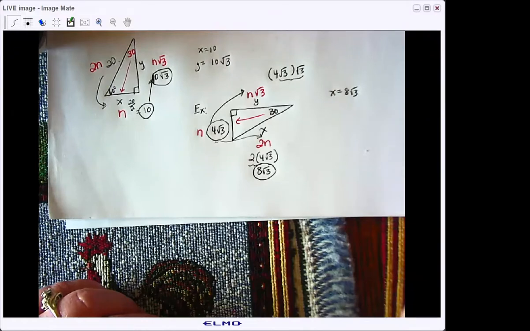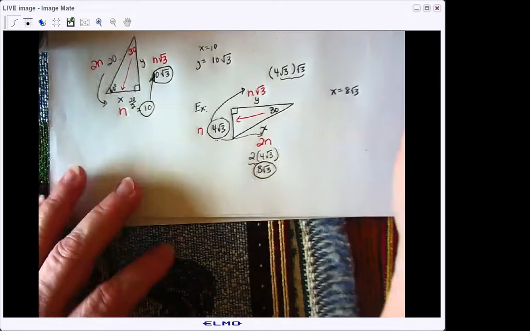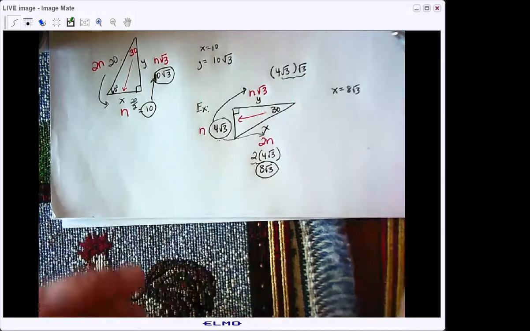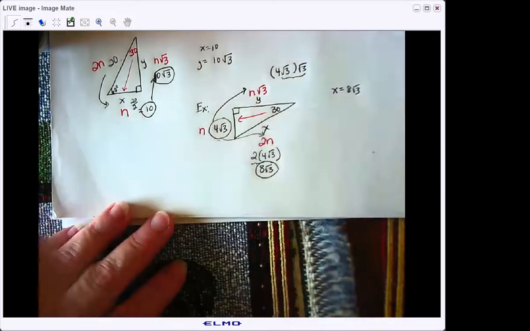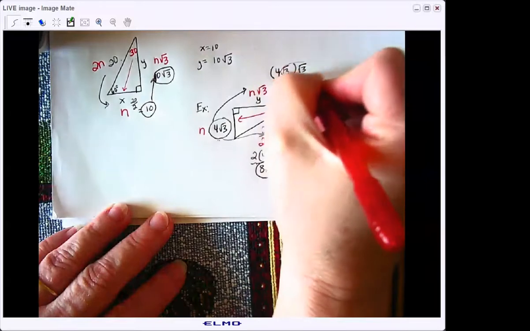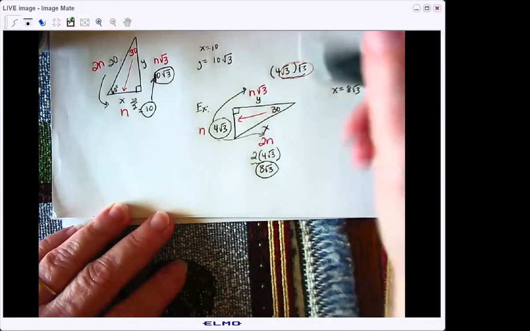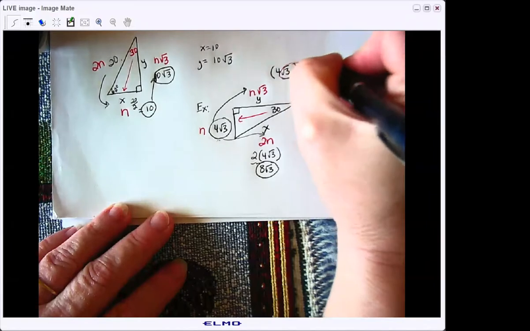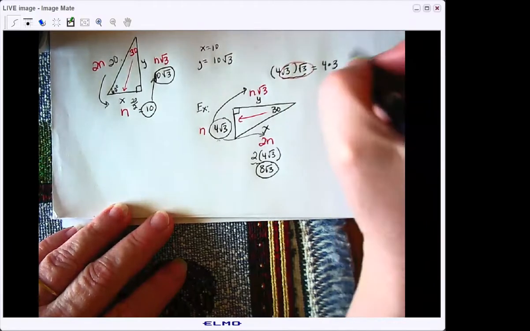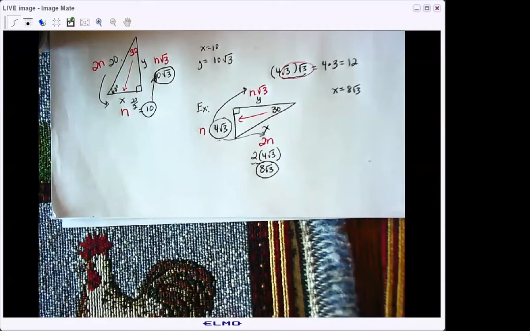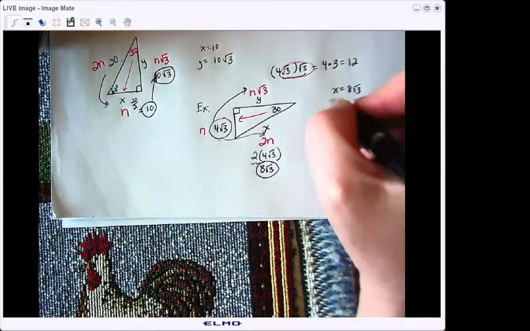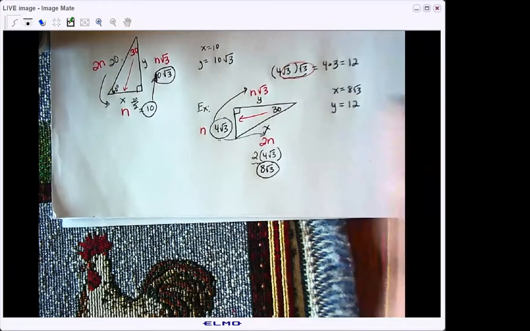It would be just 3, because you get the square root of 9, and the square root of 9 is 3. Two of them make a whole. So when we have a pair, it just gives us a whole 3. So this is 4 times 3, which equals 12. So now y equals 12.